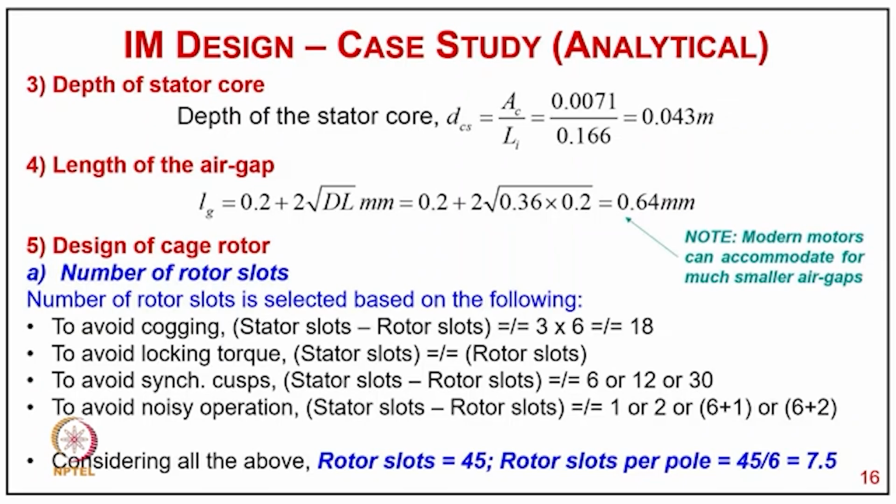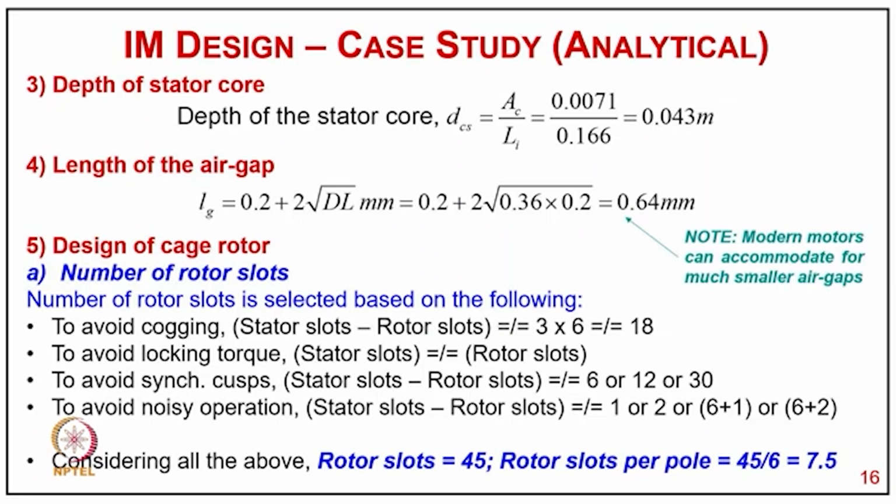Now coming to the length of air gap, LG is equal to the well tested empirical relation 0.2 plus 2 under root D into L in millimeter, when D and L are in meter. It comes to 0.64 millimeter. This is just a guideline; modern motors can accommodate much smaller air gaps.